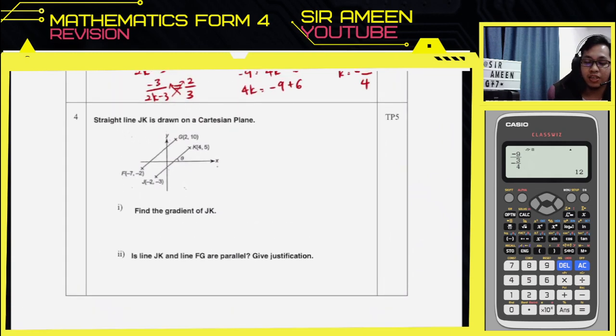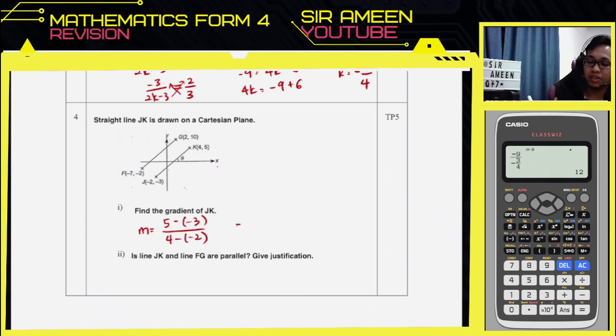Straight line JK is drawn on the Cartesian plane. Find the gradient of JK. J is negative 2, negative 3. K is 4, 5. Let's say we take J as the first point, K as the second point. So the gradient would be Y2, which is 5, minus Y1, which is negative 3, over 4 minus negative 2.